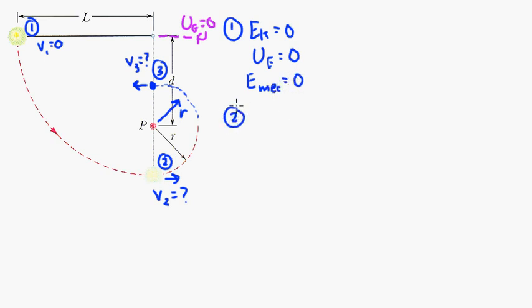At 2, my kinetic energy is 1/2 m v2 squared, since I've already defined v2 there.